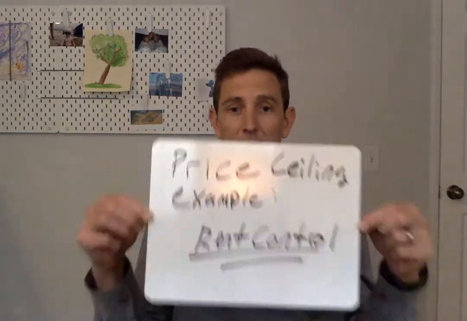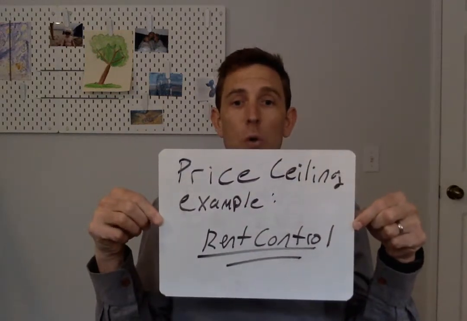And despite this prediction, we still see price ceilings used throughout the country today. Where, you might be wondering? Well, a good example of price ceilings in our contemporary economy is rent control. Definitely one of the products that people think generally is too expensive is the price of housing.